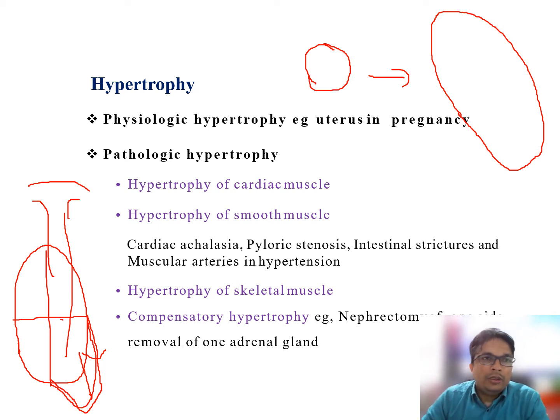Just take an example. There are two lungs and a particular condition like tuberculosis where one lung has been completely damaged. Now your body needs the same amount of oxygen, and that same amount of oxygen is now provided by only one lung. While providing the same amount of oxygen, it has to work a lot. And that is why you will commonly observe that the compensatory mechanism of providing the oxygen results in permanent dilation of the lung tissue.